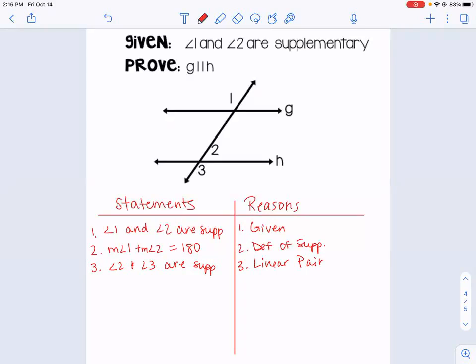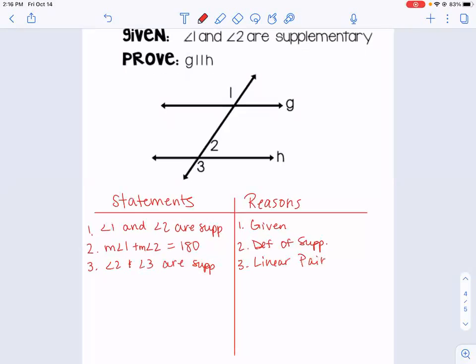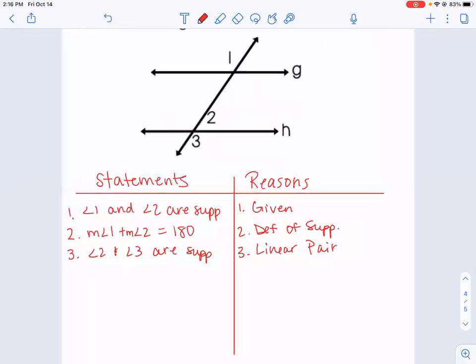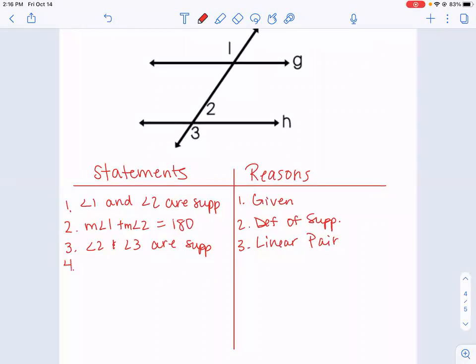Hey Bryce, what can we say now? No, not yet. If 2 and 3 are supplementary, what's our next step? Now, you all know that 1 and 3 are gonna be the same.